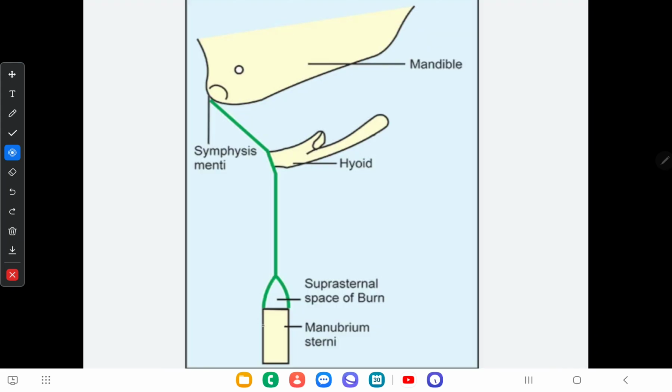The lower attachment of the investing layer is to the suprasternal notch, the upper surface of the clavicle and the acromion, as well as the spine of the scapula. At the lower attachment, the deep fascia splits twice to enclose two spaces, the suprasternal space and the supraclavicular space. You can see here only the suprasternal space.